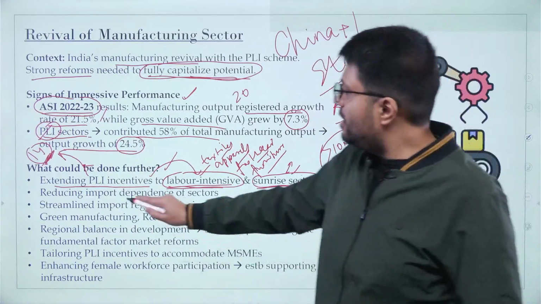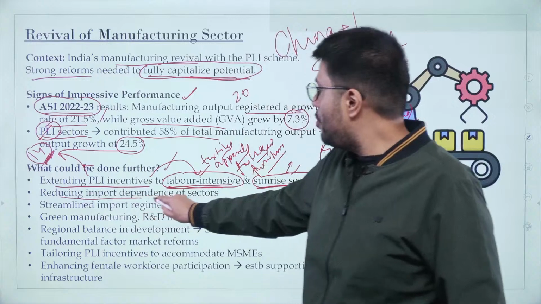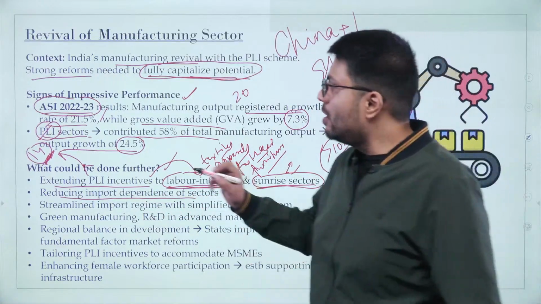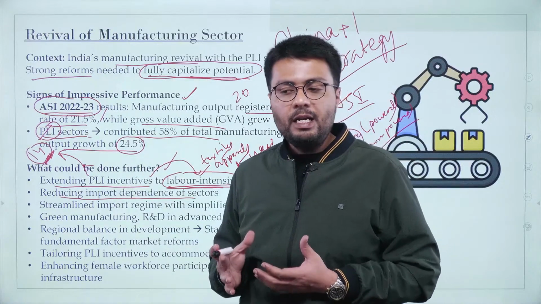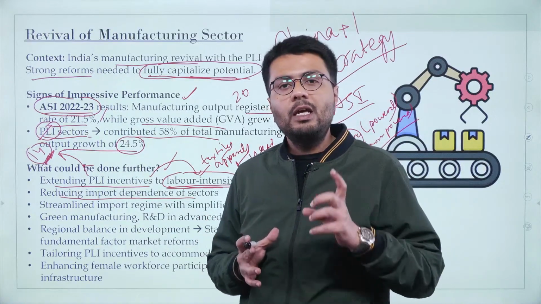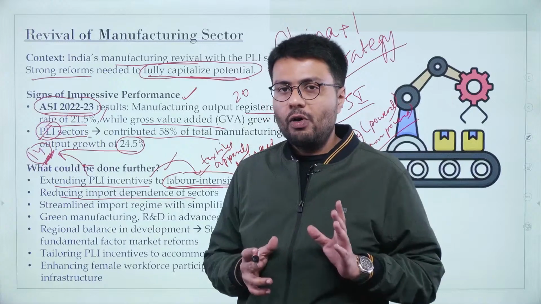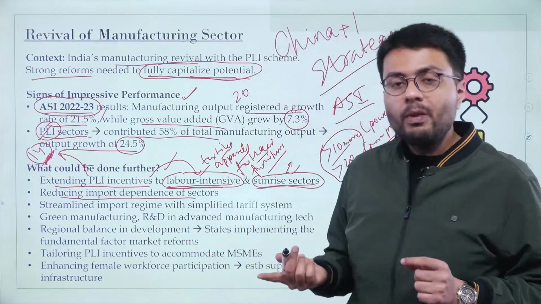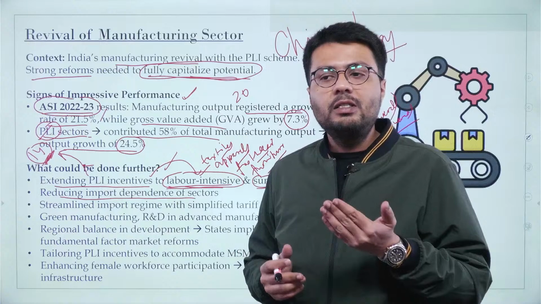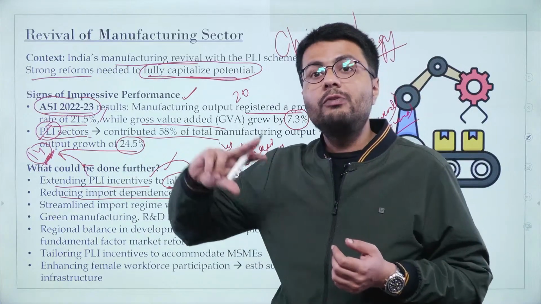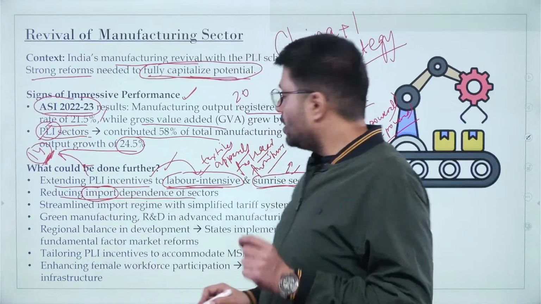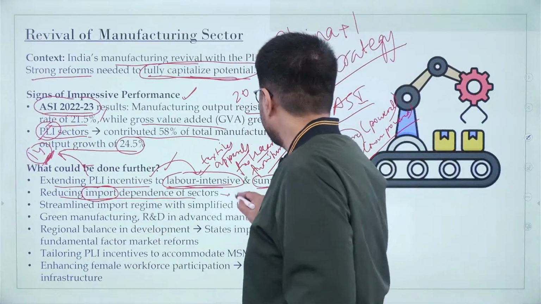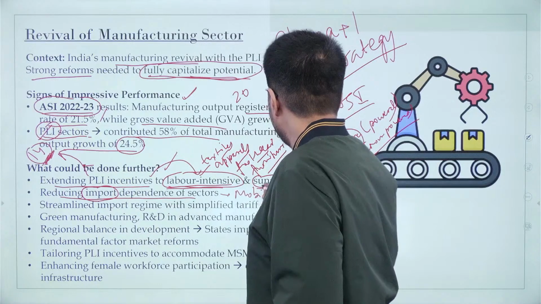Now, the second suggestion was reducing the import dependence on sectors. Although the PLI scheme has increased India's manufacturing capabilities, this has also come at a significant cost. Now, what is that cost? It is that many industries depend on sourcing of raw materials from other countries; they are dependent on imports. The most prime example is the mobile manufacturing industry.